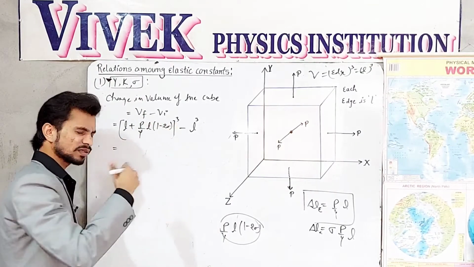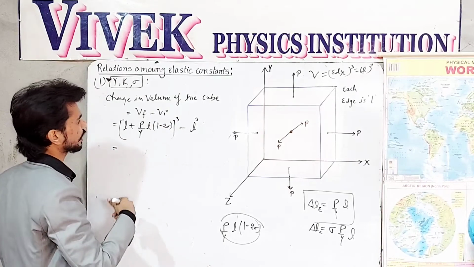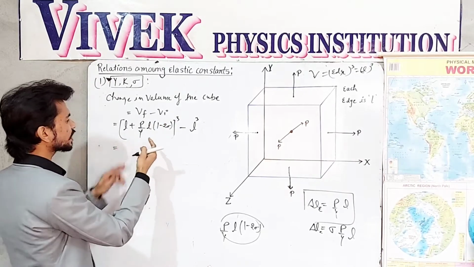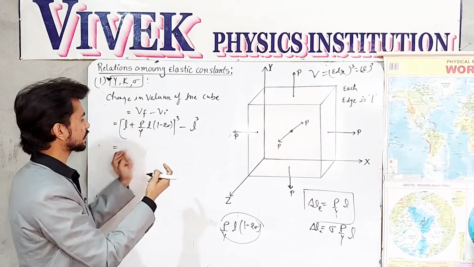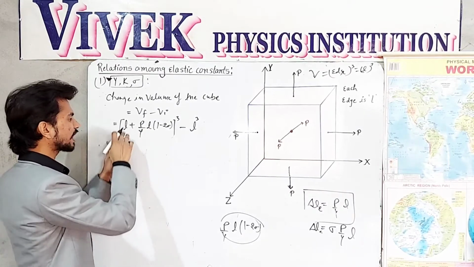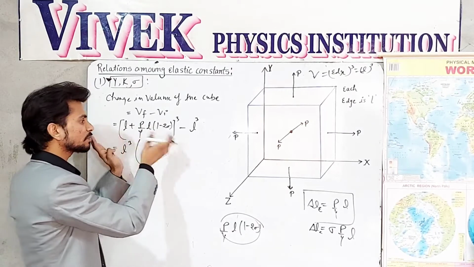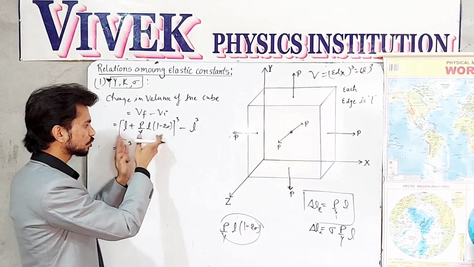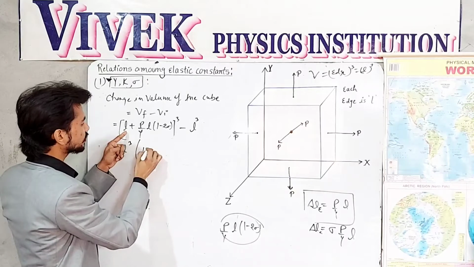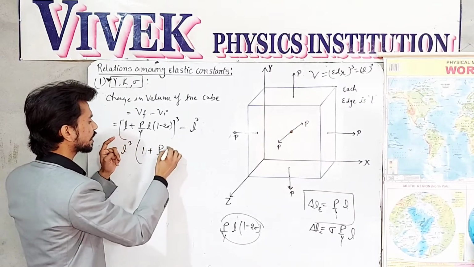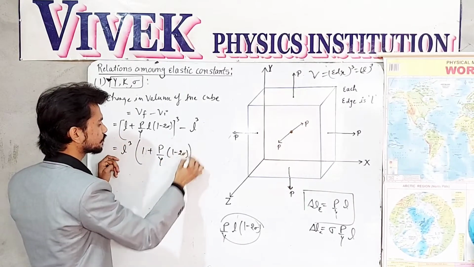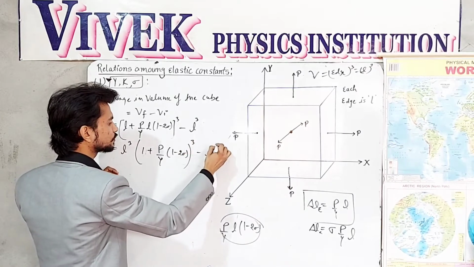Mathematically, you can rearrange the terms here. Since this is a cube, I am taking L as common from both terms. As I take L as common, it comes out as L cube, because this is the complete cube of the sum of these two factors. So this is L cube times 1 plus P over Y into 1 minus 2 sigma, whole cube, minus L cube.